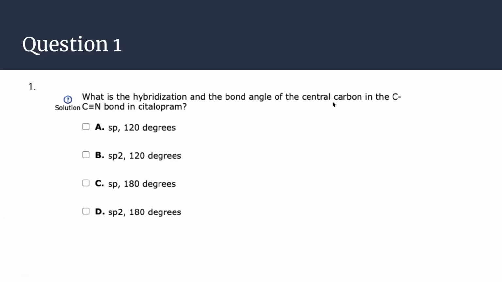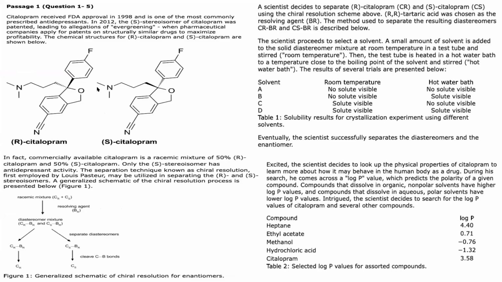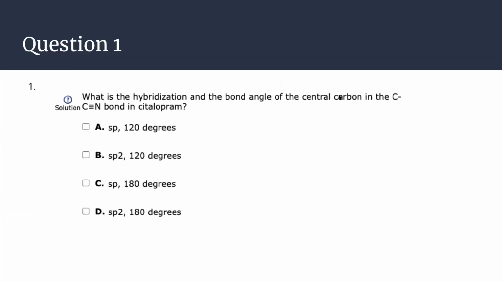So this is talking about the central carbon in, hold up, let me go back. Right here. So, do you guys see this bond right here with the carbon and the nitrogen? That's a triple bond, and the carbon in the center is linear.